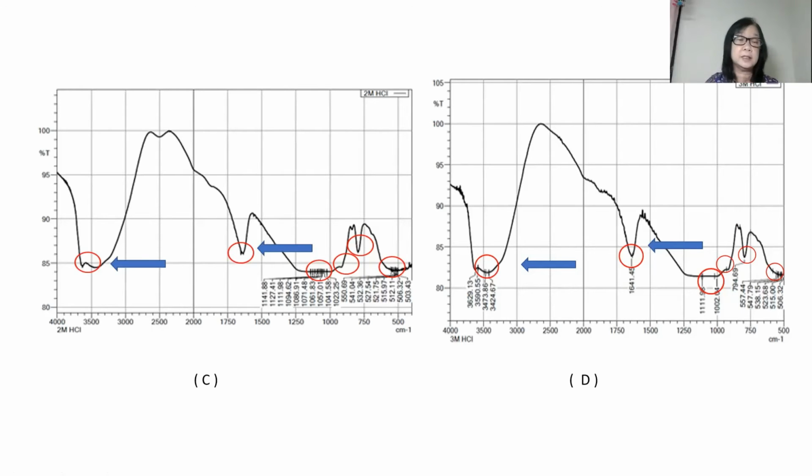Because we use hydrochloric acid for the activation, the higher percentage of transmission means that all the impurities in the bentonite, such as magnesium and calcium, have been substituted by the H plus ion from the hydrochloric acid.